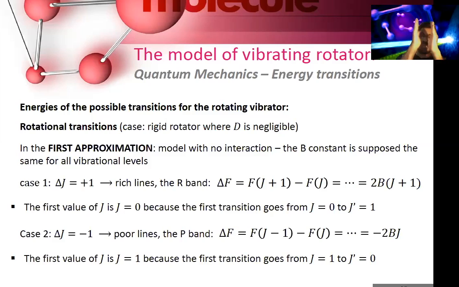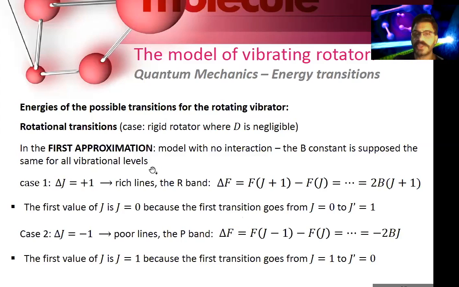But in this case, we also have several situations. The first situation is when we consider that there is no centrifugal correction. And the second situation would be when we consider that there is a centrifugal correction. This will just play with the terms.